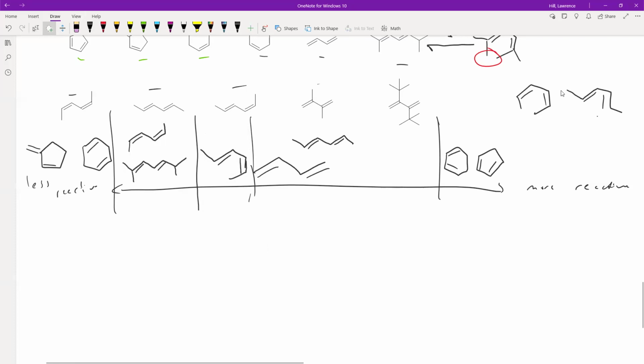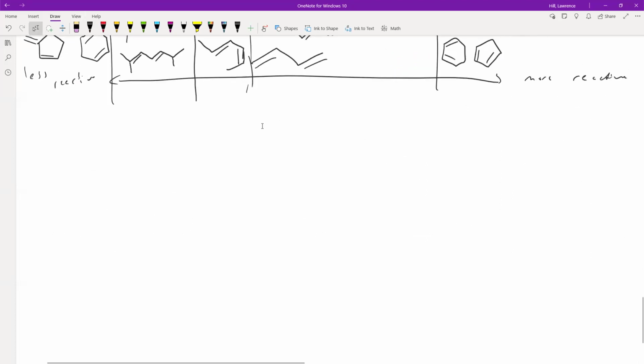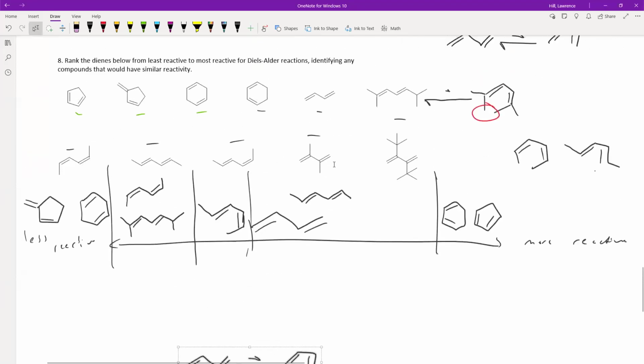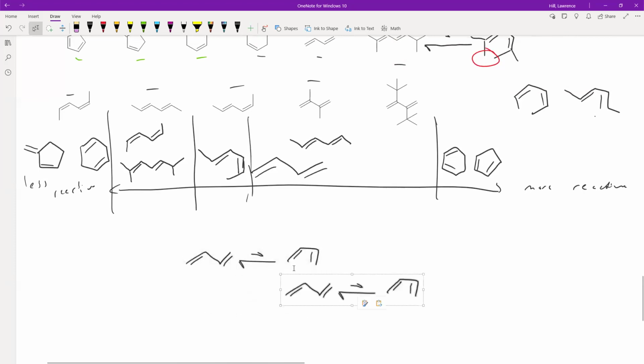What about this one? We talked about this in class. It's sort of a weird one, or rather a counterintuitive result. If we consider the equilibrium between the S-cis and S-trans conformations of butadiene, and we look at what would happen if we added a methyl group, there we go.